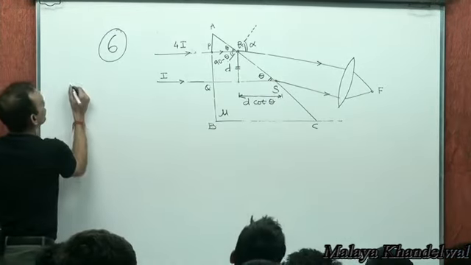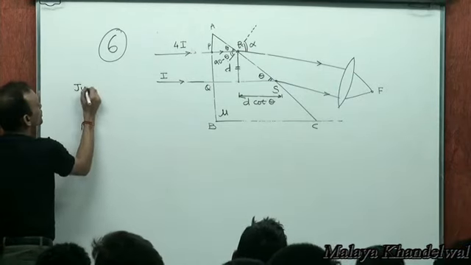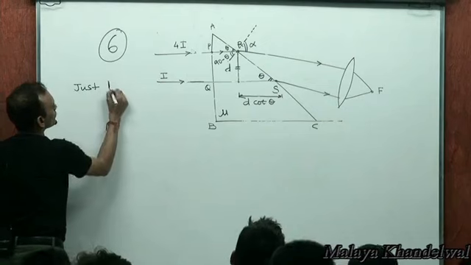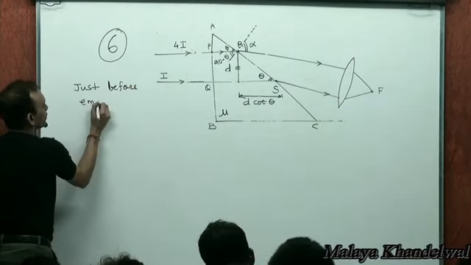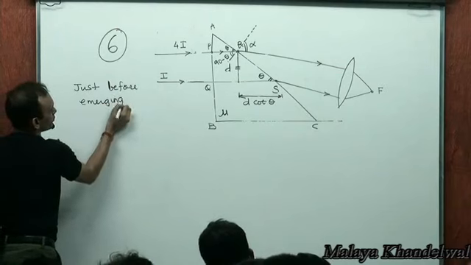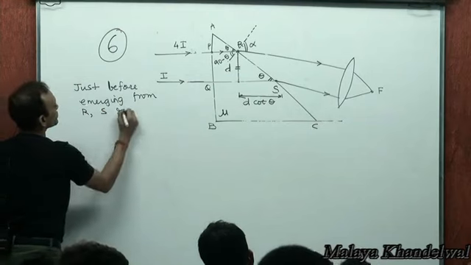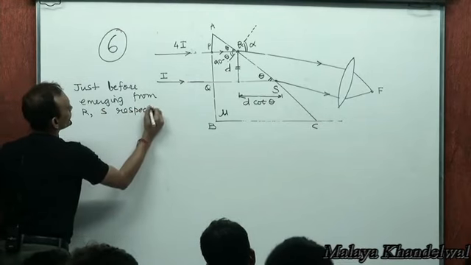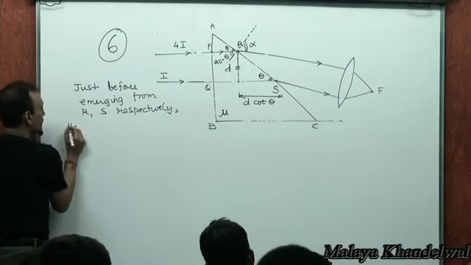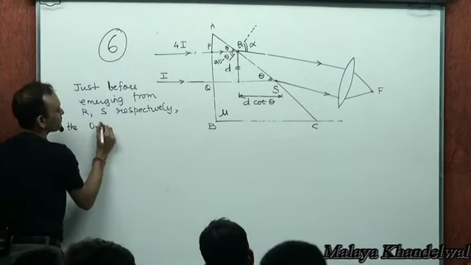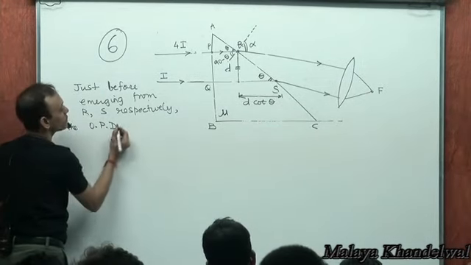So just before emerging from R and S respectively, the optical path difference, OPD, between the two waves is what?